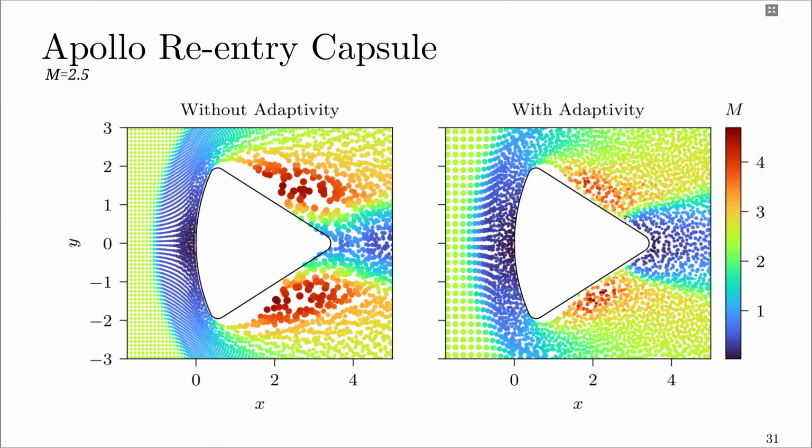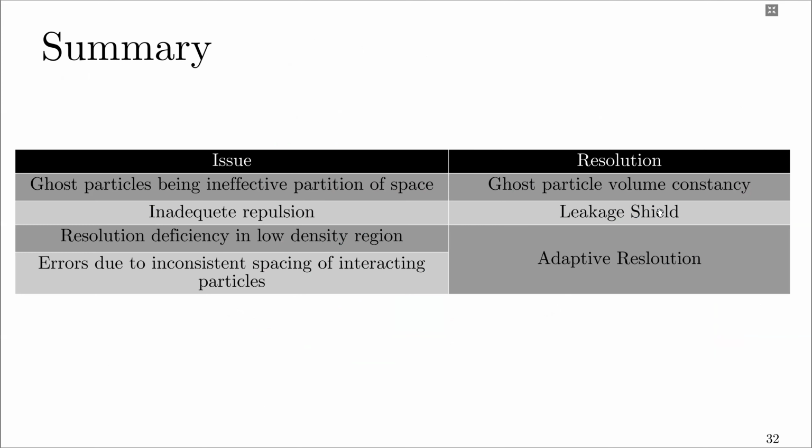We expect this reattachment shock to be normal to the body where it is attached, because very near the body, we cannot afford to have a flow deflection, which is captured very nicely with adaptivity. So we can do this in 3D as well. That's been my talk. Thank you.